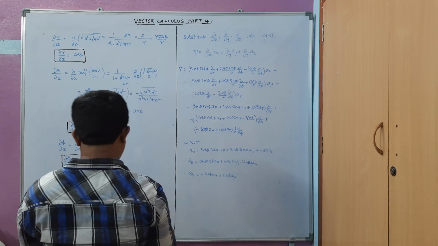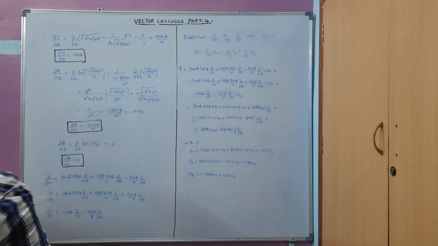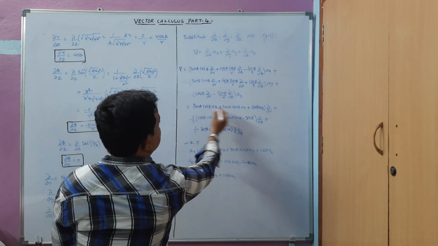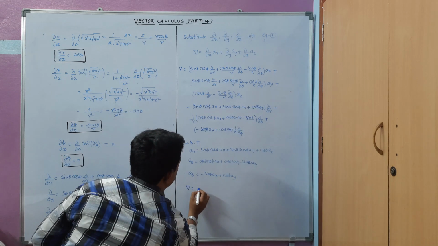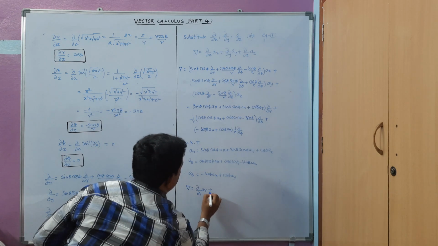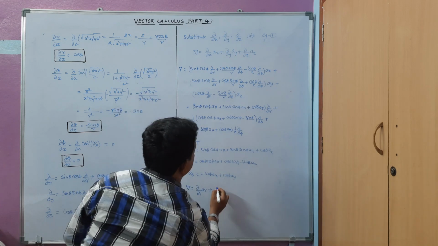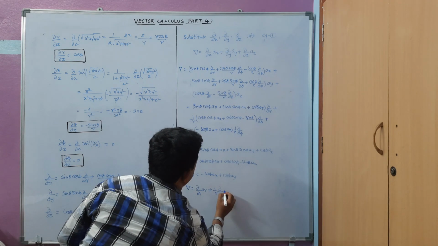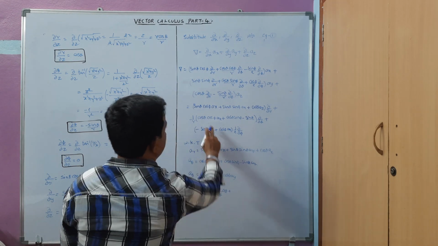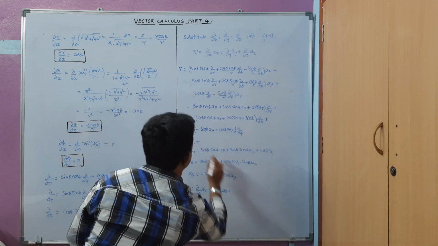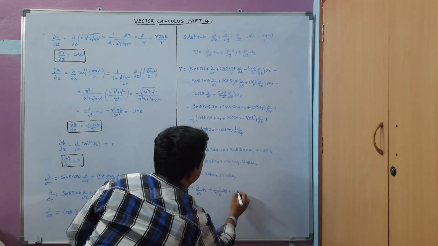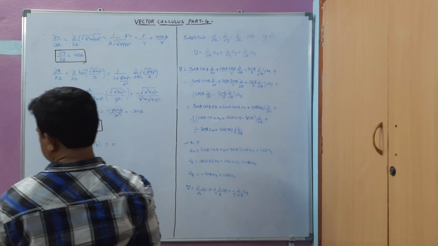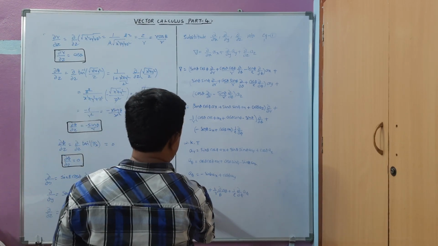So I get the del operator, which will be equivalent to ar dou by dou r, plus a theta 1 by r dou by dou theta, plus a phi 1 by rho dou by dou phi.